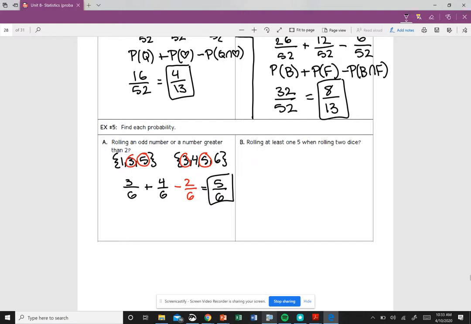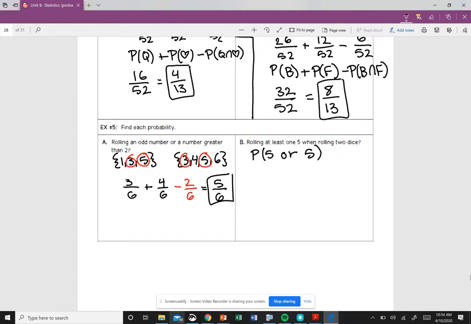All right. So what's the probability of rolling at least one 5 when rolling 2 dice? Interesting. So you've got to think about this. When rolling 2 dice, you're really thinking about the probability of rolling a 5 on one die or a 5 on the other.